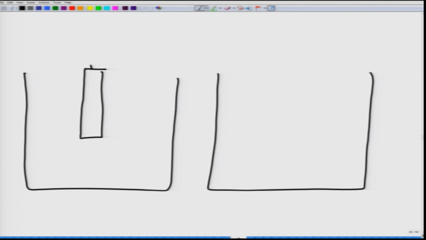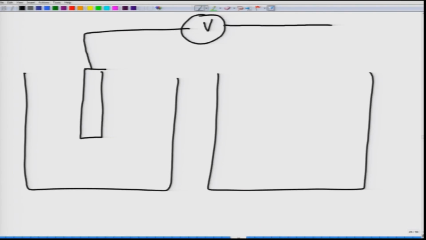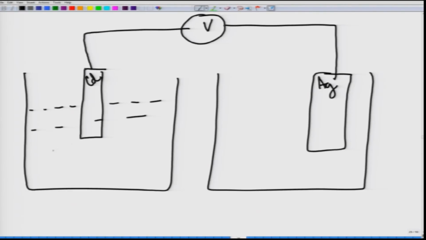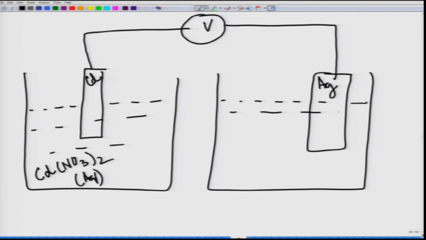We have the voltmeter or potentiometer here, a silver electrode, Ag, and a cadmium electrode, and the solution the cadmium is dissolved in is cadmium nitrate, Cd(NO3)2, which is aqueous, whereas Ag is kept in AgNO3, which is also aqueous.